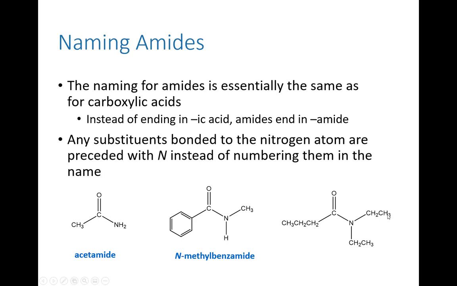And we have two groups on the nitrogen here, and they are both ethyls. So we're going to say, just like if we were numbers, we would say N, N, diethyl butanamide. So two ethyls on the amide derived from butanoic acid.